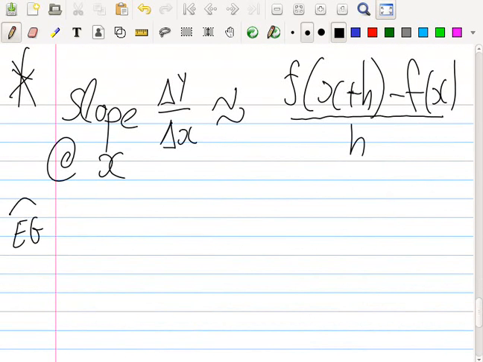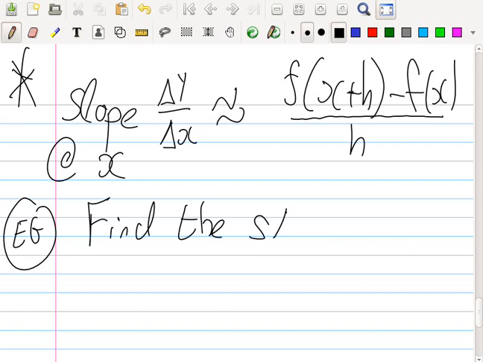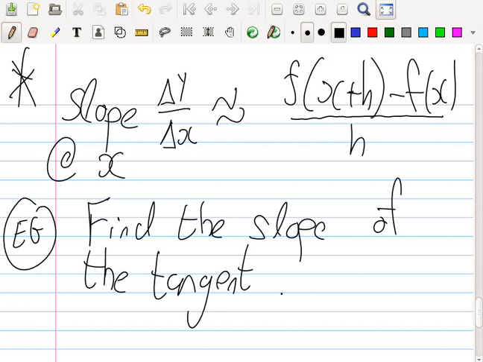Example: find the slope of the tangent to y equals x cubed at x equals 1.